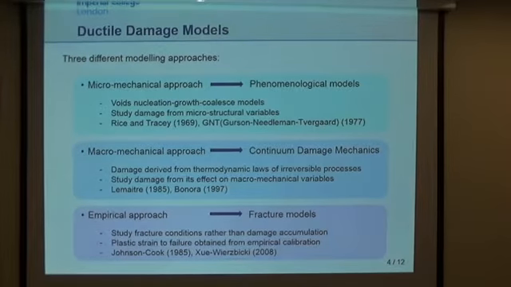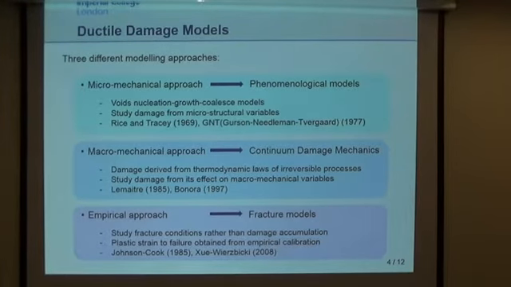So to model this type of damage, three different approaches can be used. The first approach is the micromechanical, which analyzes each single void on the microscopic scale and the stresses and strains that appear in the surroundings of these voids. The second technique is the macromechanical or continuum damage mechanics.